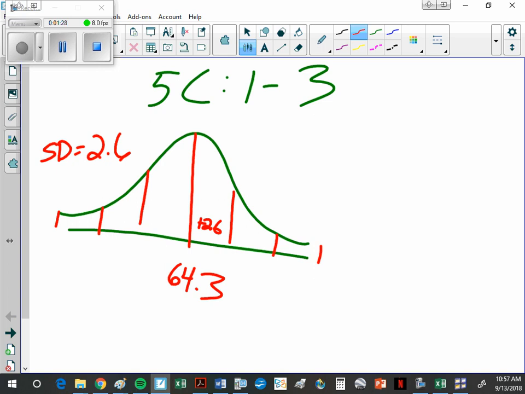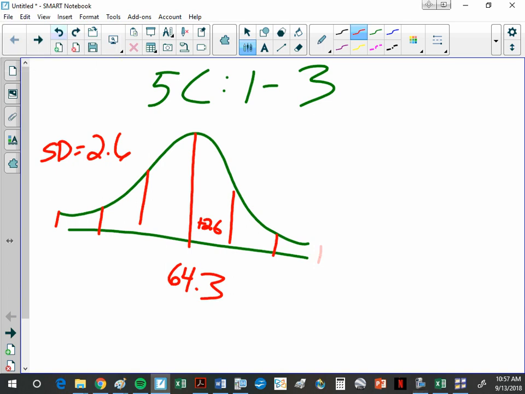And there really aren't people beyond that. Anyone out there is extremely rare. They do happen, but there just aren't many people over there. Okay. So I want to know how many women are 66 inches or shorter.